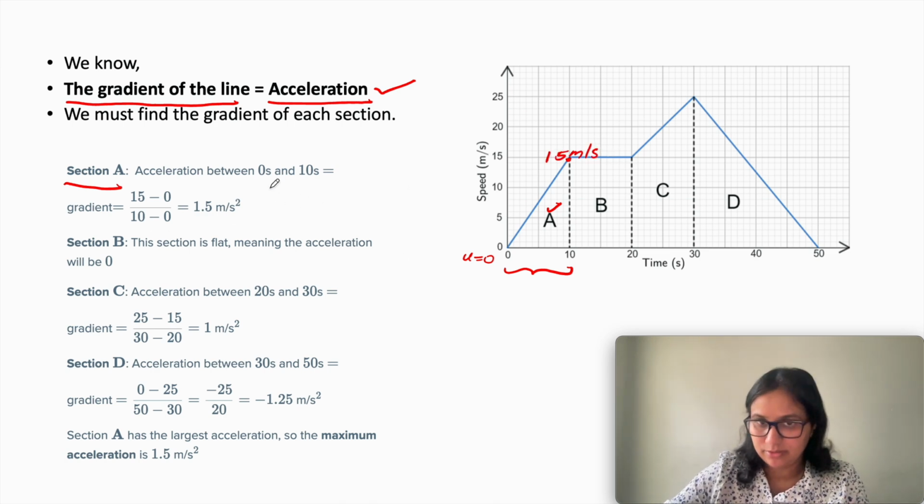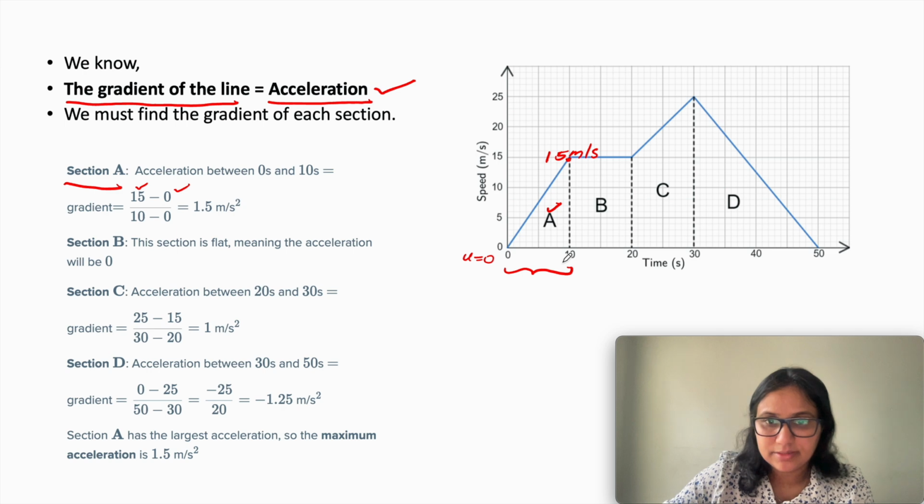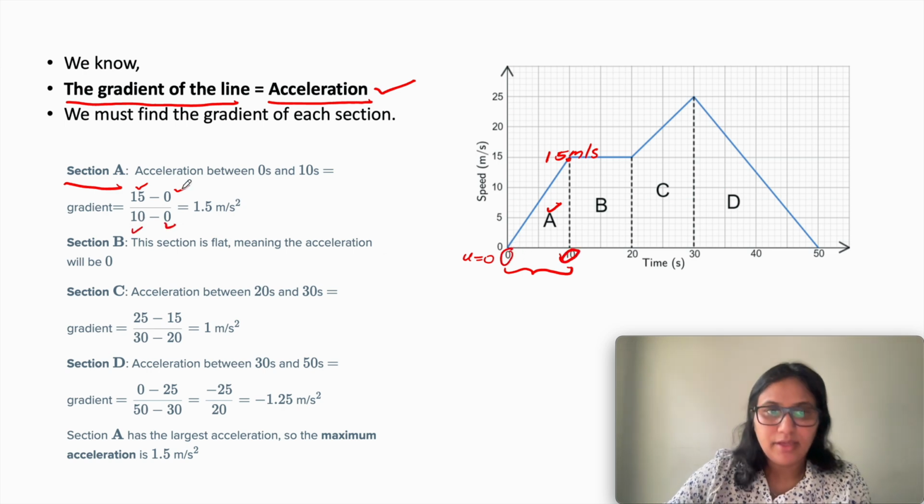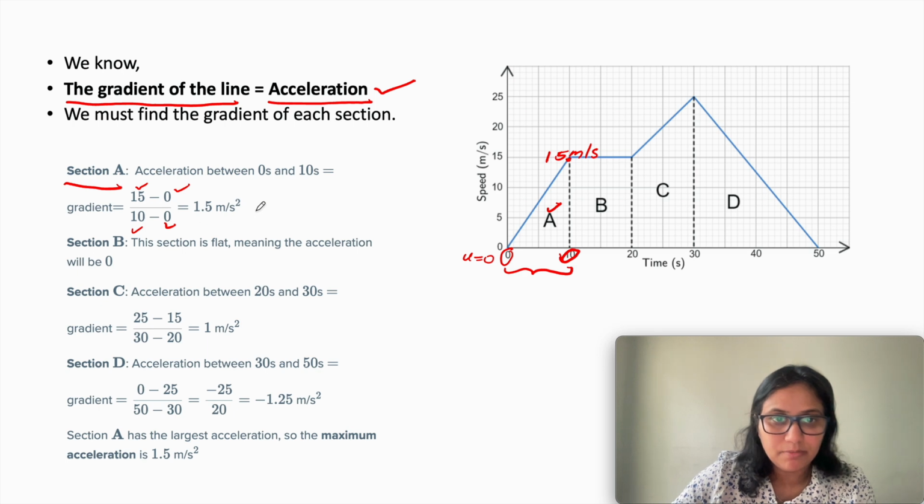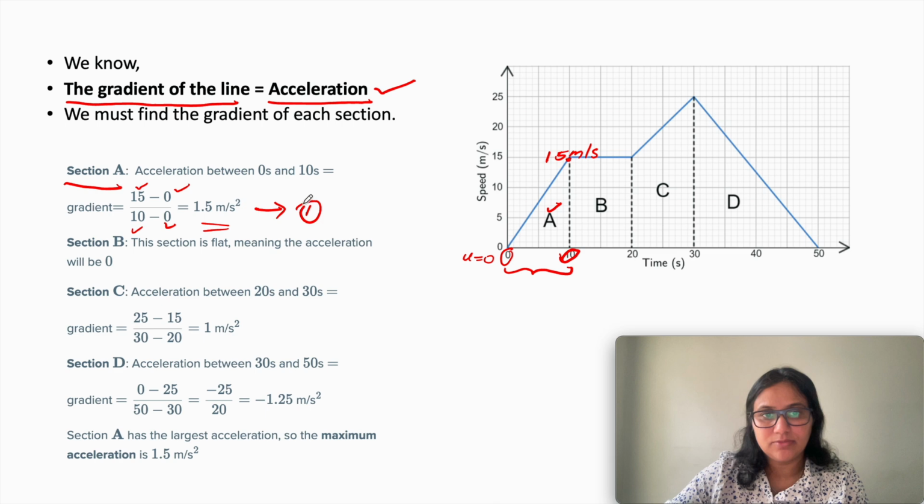It is nothing but the slope of this line: final value minus the initial value divided by the time interval. The final velocity value is 15, the initial value is 0, and along the x-axis the final time is 10 and the initial time is 0. If you calculate, you get 1.5 meter per second square. Let us denote this as 1.